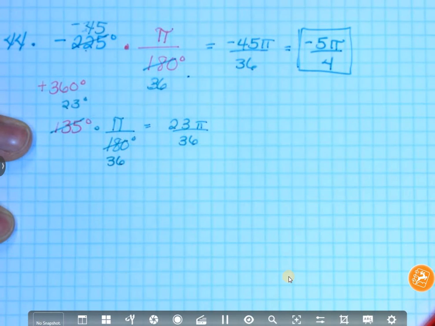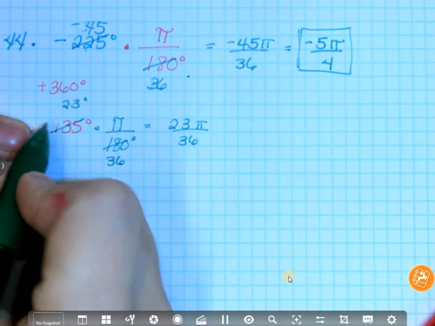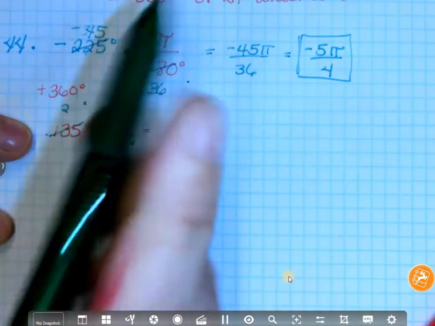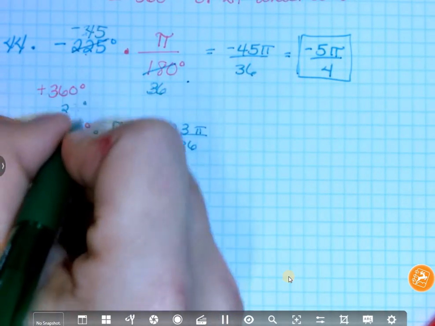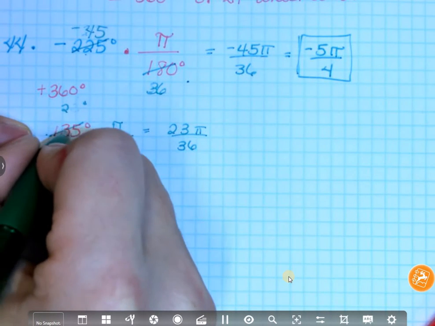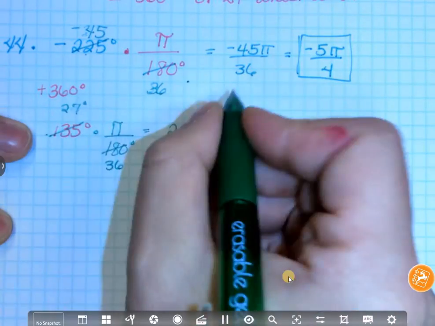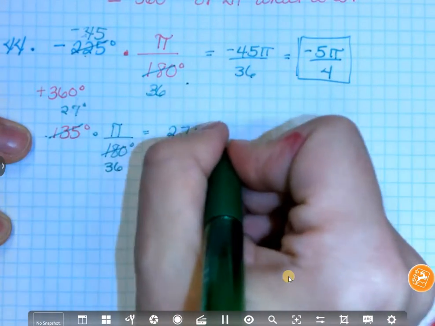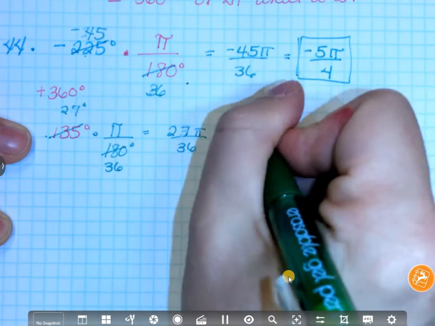And I did that wrong. That's not 23. That's 27. Thank you. Yeah, it is 27. Okay. And then I have a number that goes into both of those. 9 again.